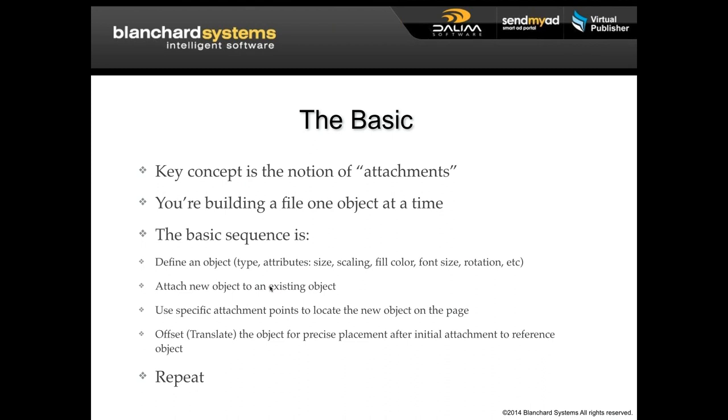You attach that object, the new one, to an existing object in the page. This will make more sense when we start looking at the GUI. You use what are called attachment points to locate or position these things in the page. And then using an option called translate, you can offset and move them around the page.